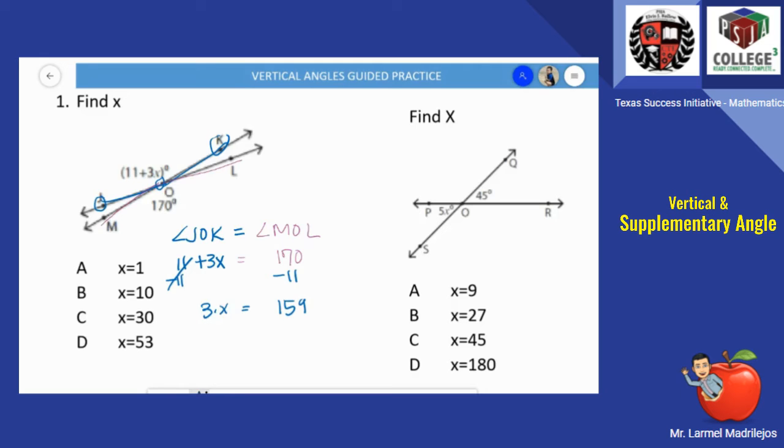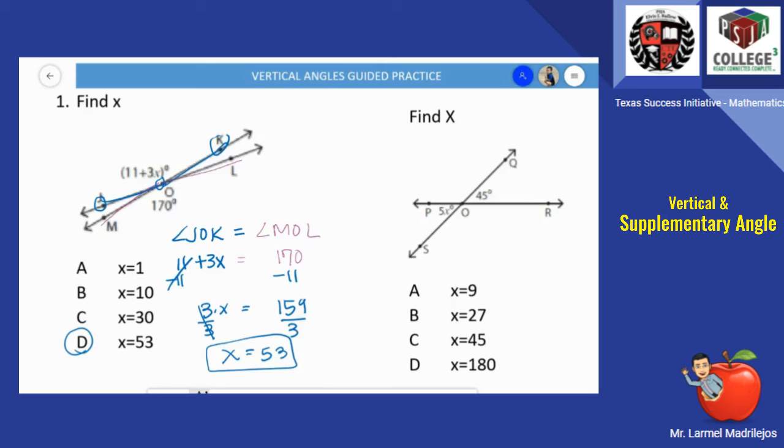The inverse of multiplying is dividing, so I'm going to divide by 3 on both sides. 159 divided by 3: 15 divided by 3 is 5, 9 divided by 3 is 3. So the value of x is 53. Answer is letter D.